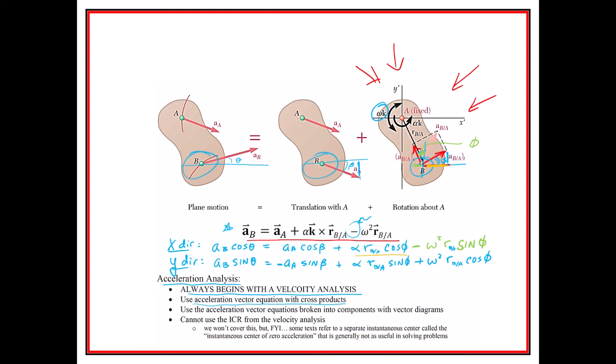I think I do that in an example. We can use the acceleration vector equations broken down into components using the vector diagrams, or the three diagram method, as I call it. You cannot use ICR. But just know that there is something that's analogous, but we're not going to use it, called an instantaneous center of zero acceleration, that gets used in some books.